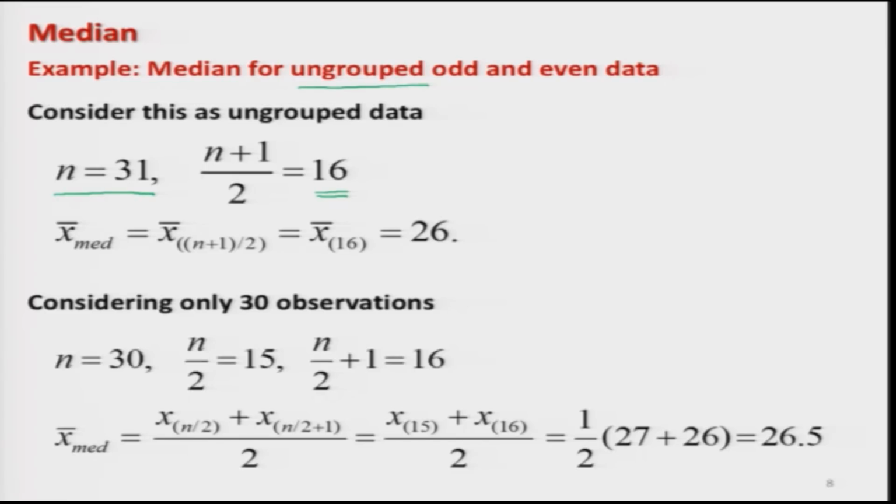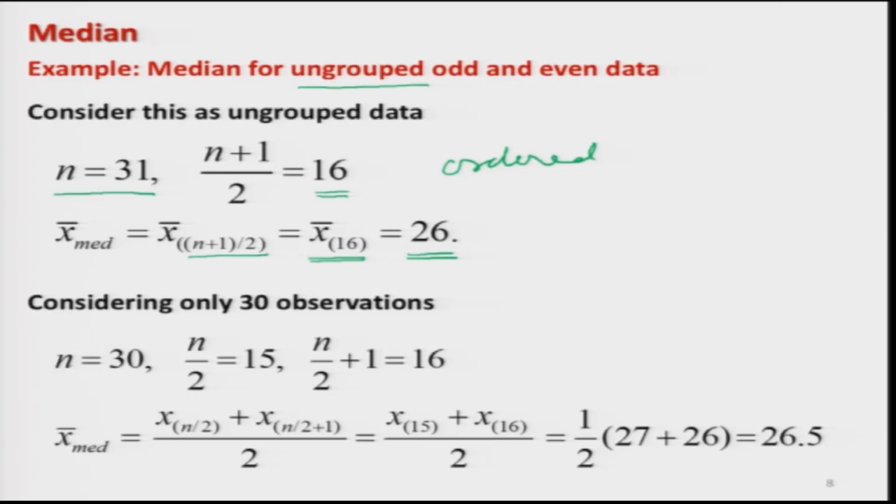We have ordered the data, which I am not showing here, but you can do it. Then I find the (n plus 1) by 2th ordered value, which is the 16th value in the ordered data, and it comes out to be 26. So, 26 minutes is the median time.